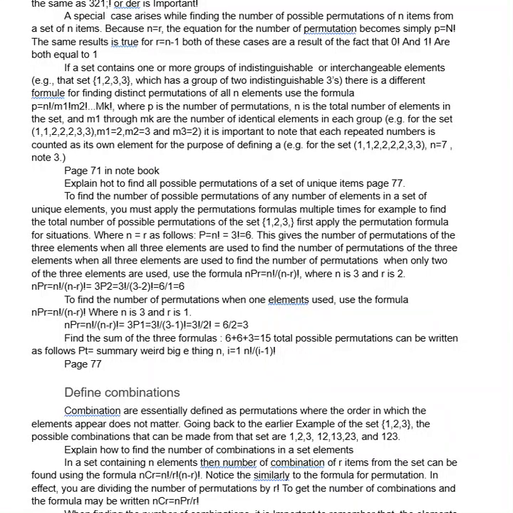For example, for the set 1, 2, 3, which has 3 elements, first apply the permutation formula for situations when n equals r: P equals n factorial, which equals 3 factorial, equals 6. This gives the number of permutations using all 3 elements.